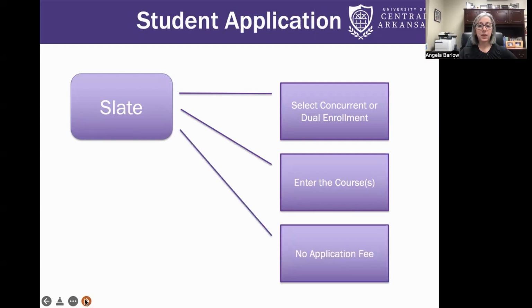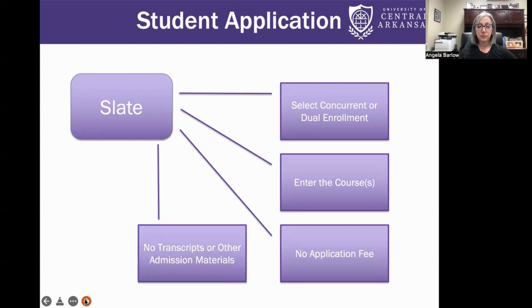And it also helps us to know which one of these enrollment types they should be. They do not pay an application fee. These folks are already students, and so we look at them as a student taking some more classes, so they do not pay an application fee. If they elect to go into graduate school here at UCA, that's when they would pay the application fee, at the time they're actually applying and getting started.